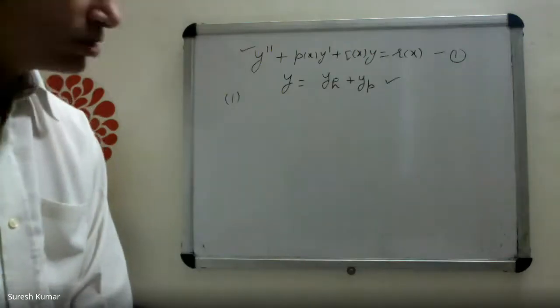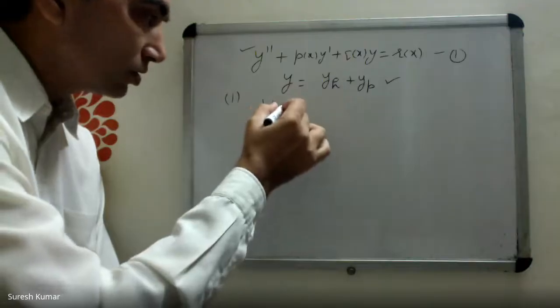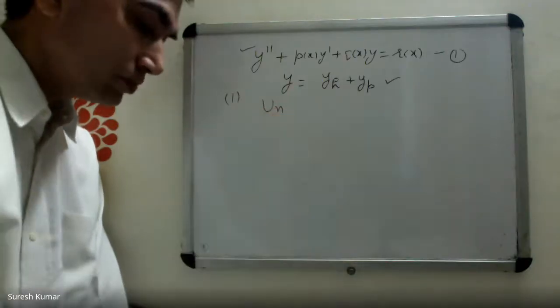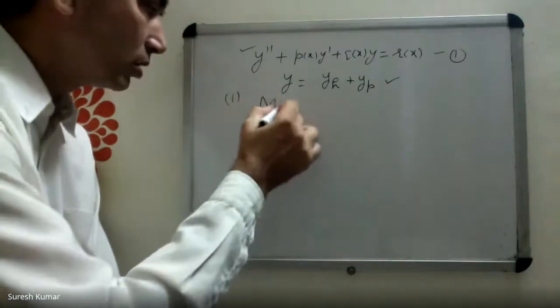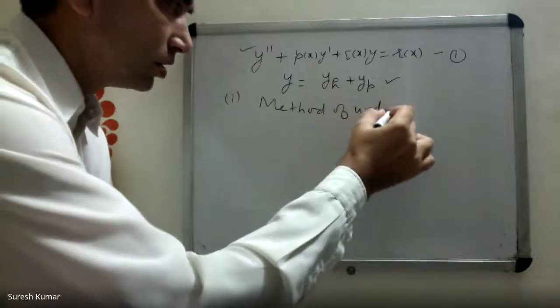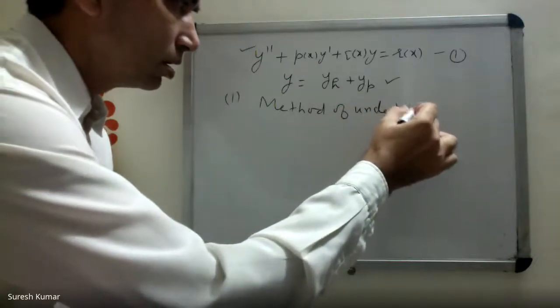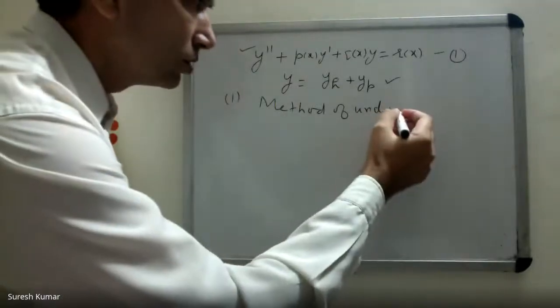For finding a particular solution, you learned one method in the previous lecture, the method of undetermined coefficients.